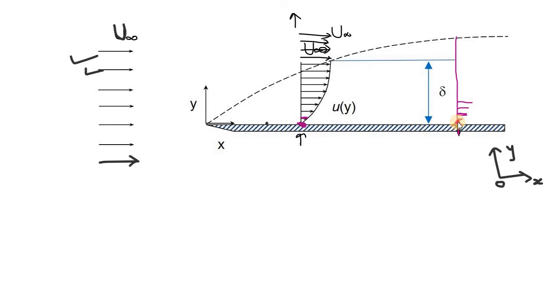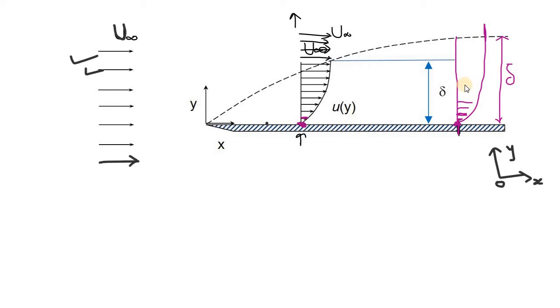So if you look at the velocity profile, it will look like this. What is happening? You see, here the thickness delta is actually more. This is your delta here.